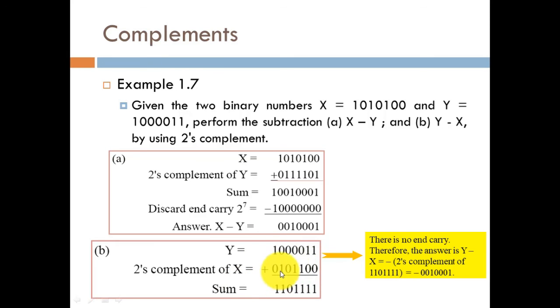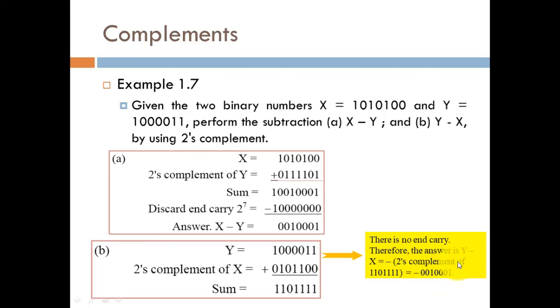So we just simply need to take the summation of this y and the 2's complement of x, and we are left with this 1 plus 0, that is 1 1 1 1 0 1 1. So this is the summation operation. Here one can easily evaluate that there will be no generation of carry.